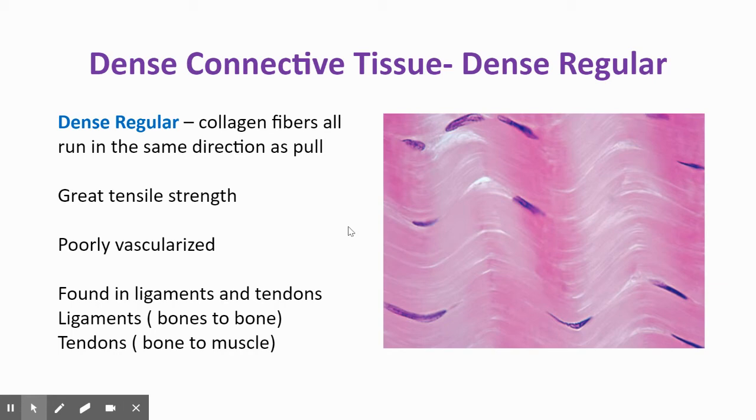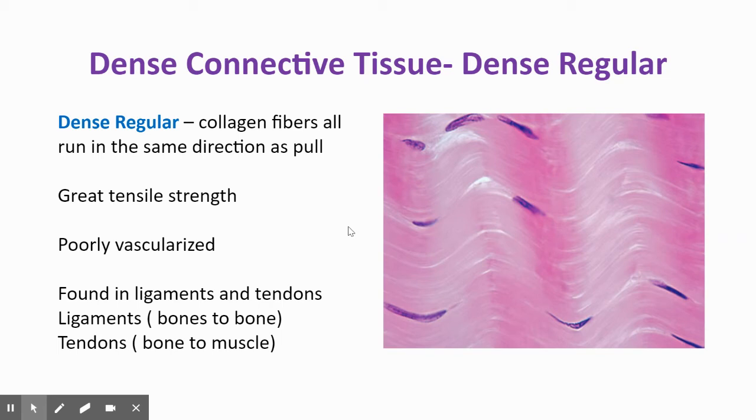So ligaments and tendons are made up of dense regular connective tissue. They have to be able to be pulled. If you don't know the difference between a ligament and a tendon, a ligament connects bone to another bone. Probably the most famous ligament people know of is the ACL.